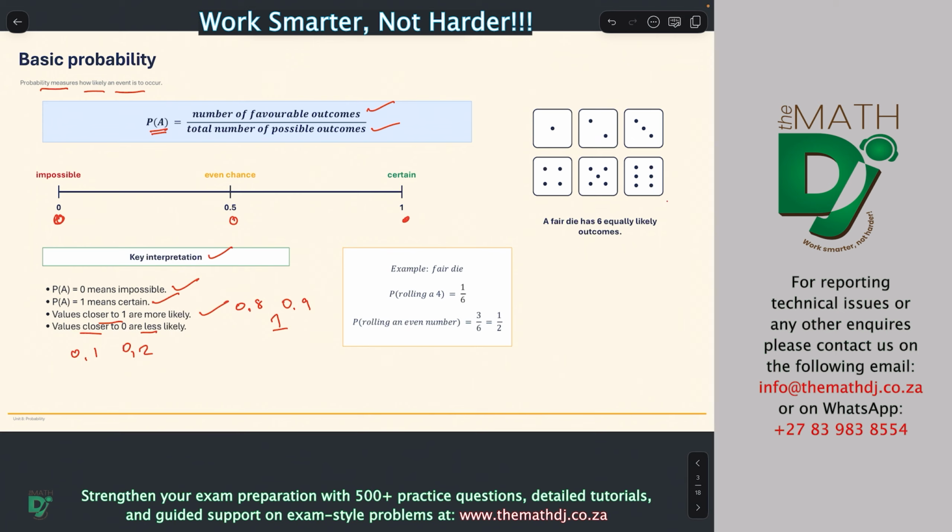Just like I've shown you before, if you take a fair die, which means each side has a fair chance of occurring, the probability of rolling a 4 is 1/6 because there's only one 4 on the dice.